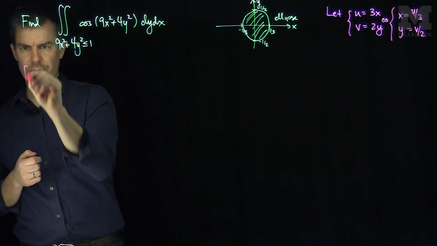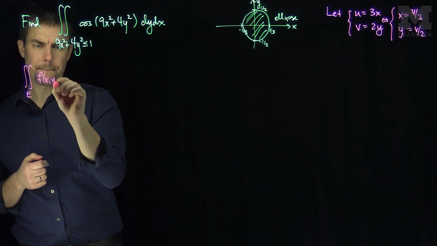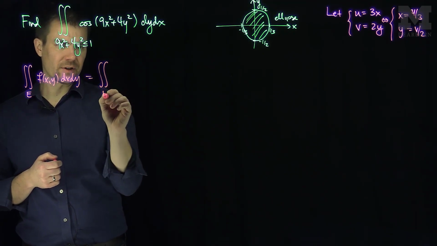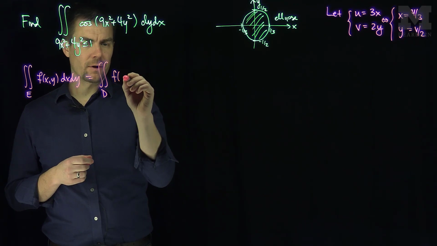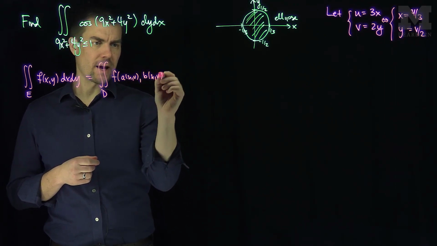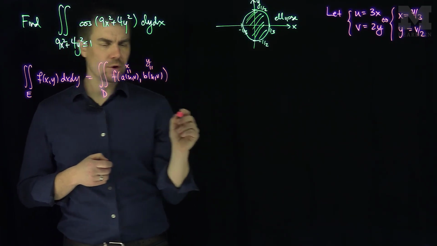Our change of variable theorem says that the double integral over a region E of f of xy dx dy is the double integral over a new region D, where my limits of integration change, of f of a of u and v, b of u and v. So my x's turn into a of u and v, and my y's turn into b of u and v.